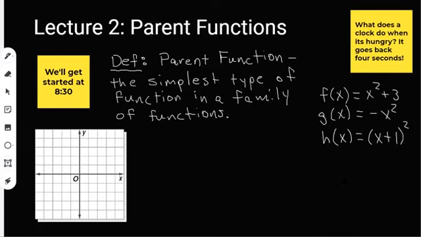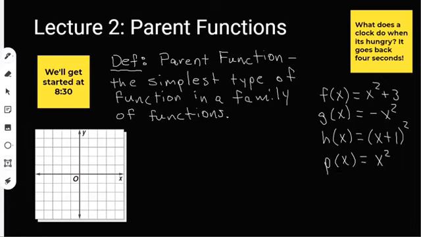Well, this is a family of functions, right? The simplest type of function that corresponds with this whole family would be the parent function p of x, and that p of x would be equal to the simplest type, which is just x squared.